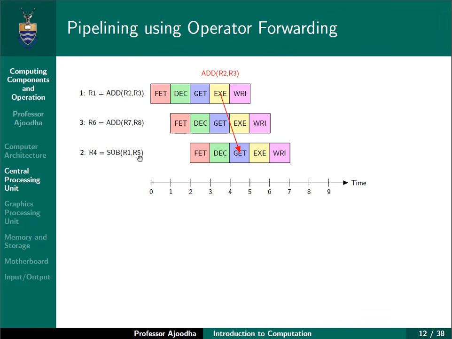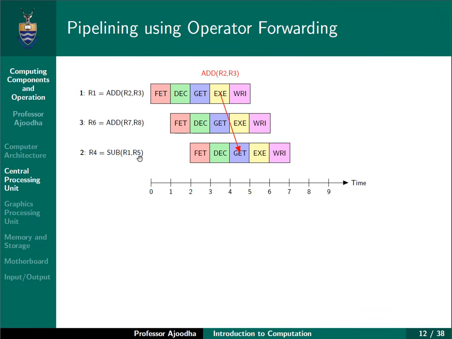Can you see the red line? That's forwarding it. We're forwarding the result in the execute phase directly to instruction 2 on the next phase. And this allows us to bypass the need to write it back to memory. So we can just pass the value to the instruction that needs it.